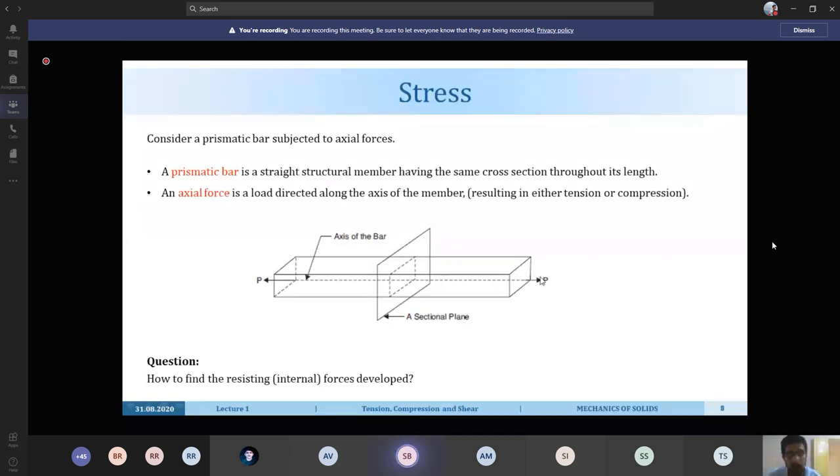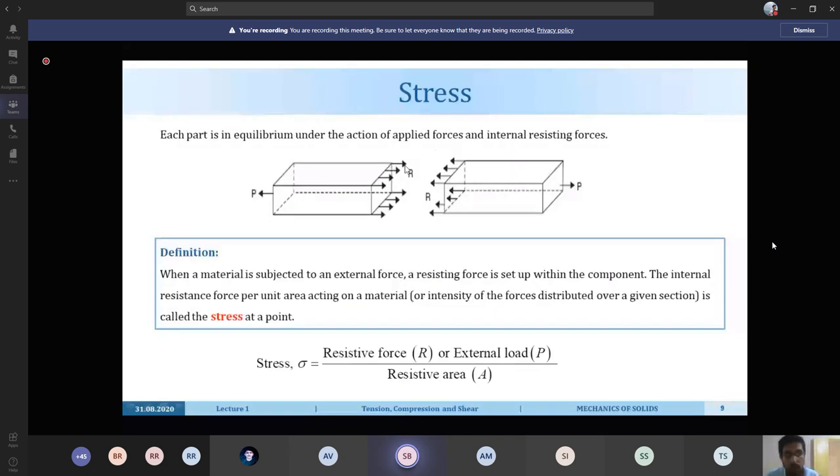We are applying a tensile axial force in both directions, pulling the bar in both directions. So if you want to measure the stress developed at this cross section, you cut the bar into two parts and use the equilibrium properties to figure out the stress developed here. Okay, sir. Understood.